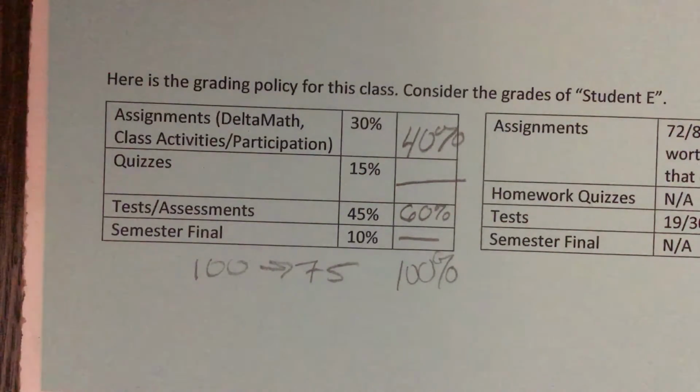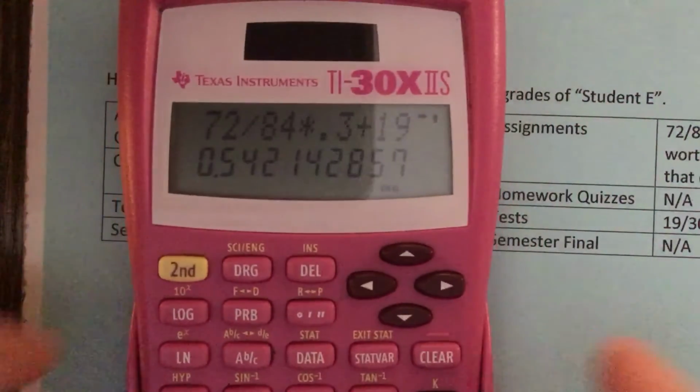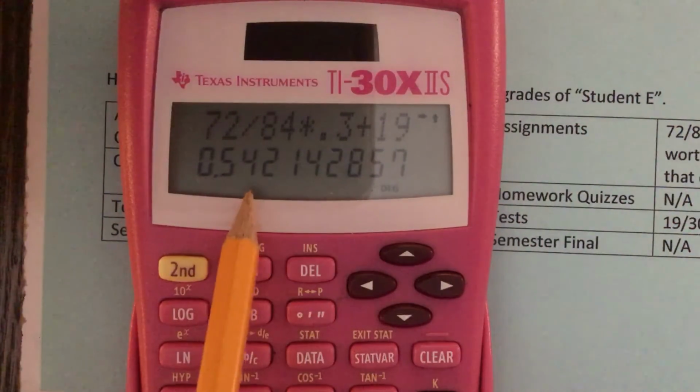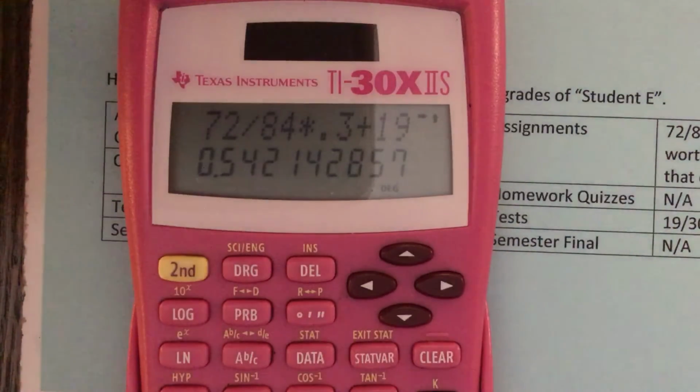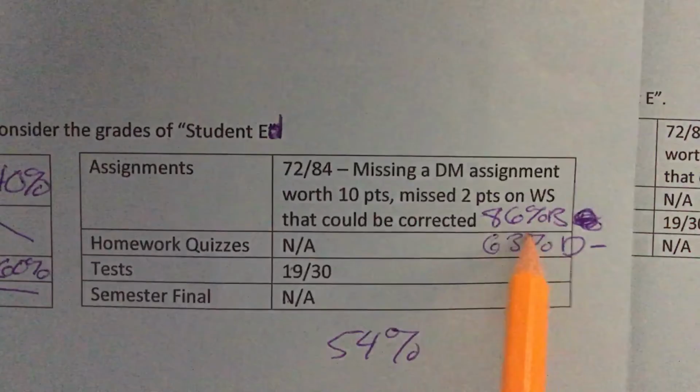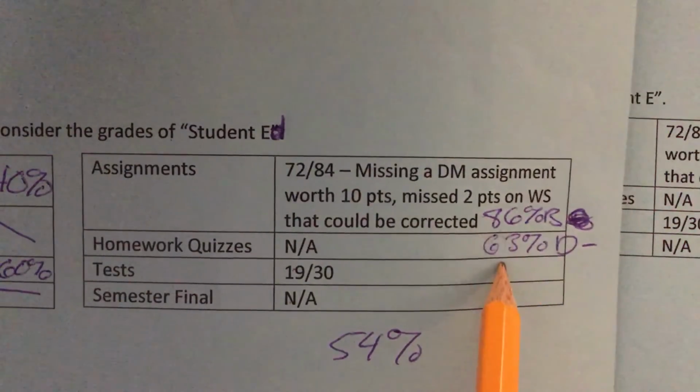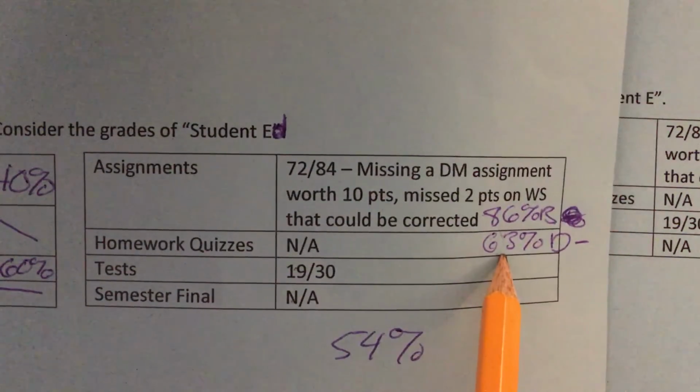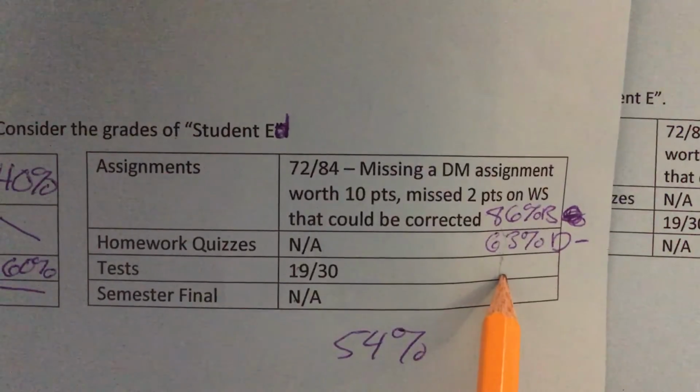So when I go to actually find out what student E's grade is, if you did not use the adjusted weights up here, you would have gotten the 54%, which doesn't really make sense because when you look at what his grades are, he has an 86% on assignments and a 63%, I wrote that in the wrong line, 63% here on the test.